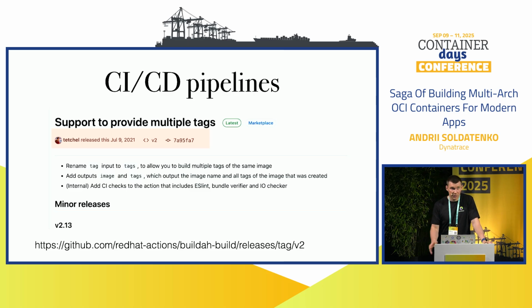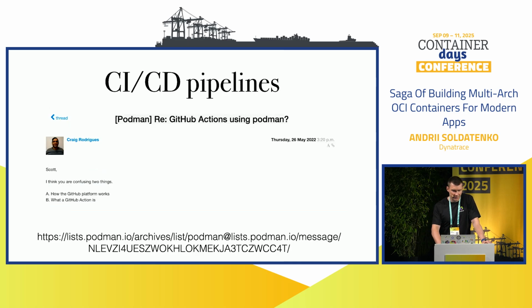I mean, it makes sense if your software is super stable and ideal, but the majority of bugs they fix in new versions of Buildah are outside of this release cycle, so we kind of gave up. And yeah, you can see the official response.